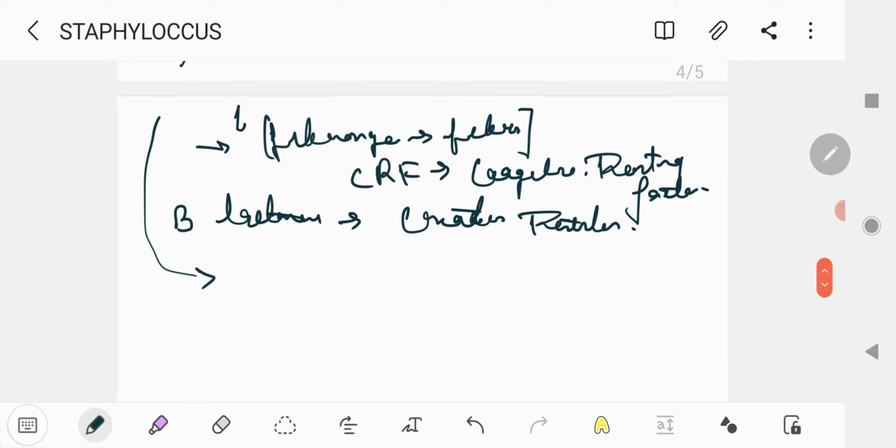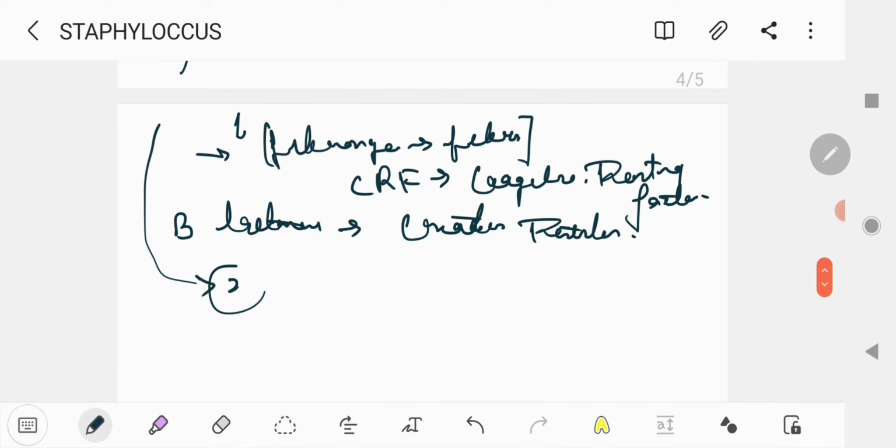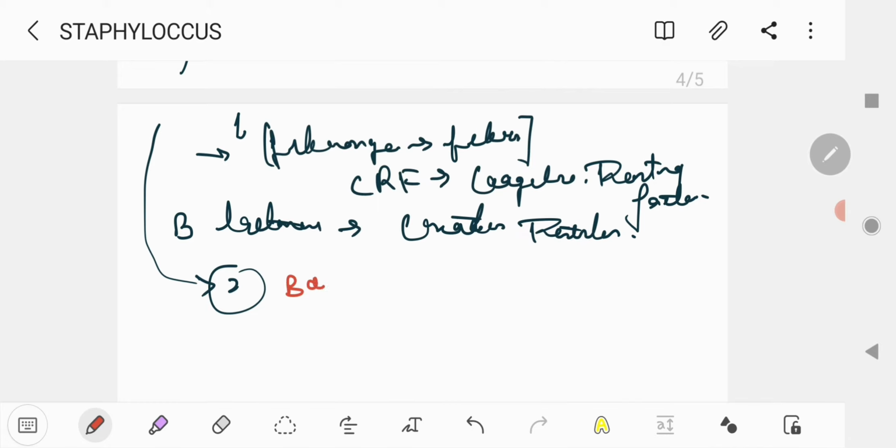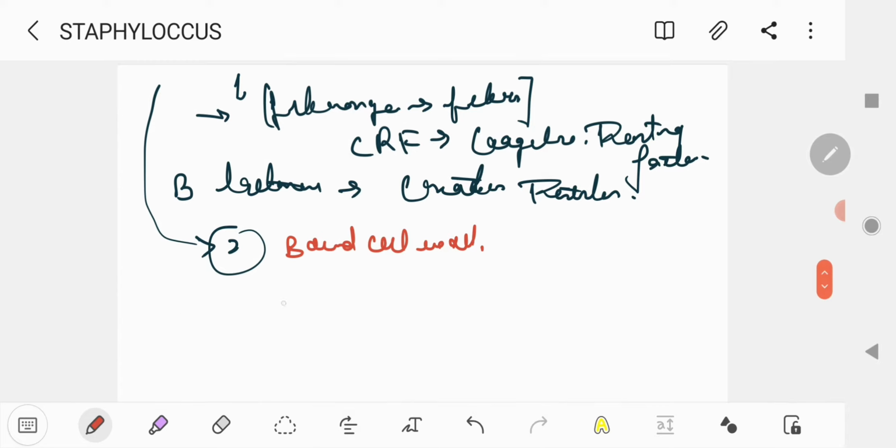There are two types of coagulase. The first one is bound to the cell wall, and the second is the free form, extracellular.